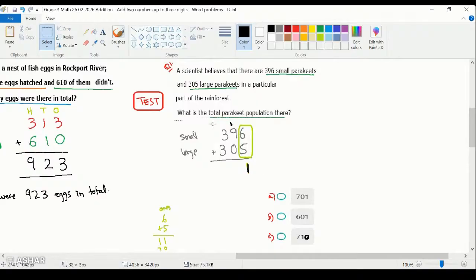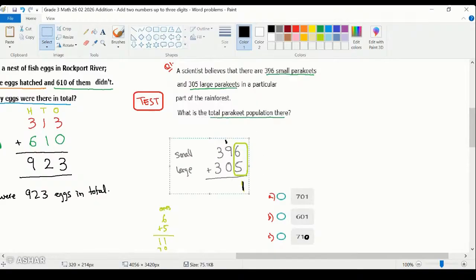Okay, let's try it again. Please try it again. These were the number of ones, these were the tens, and these are the hundreds. So 6 plus 5 is 11. That means we have 1 one and 1 ten.